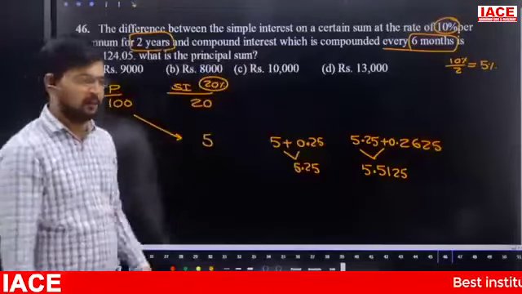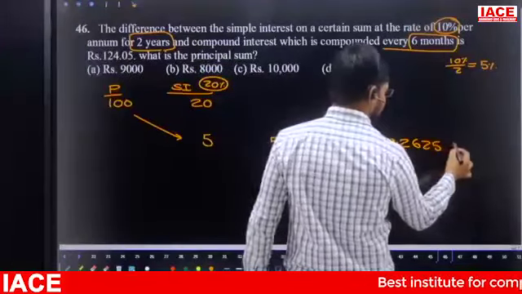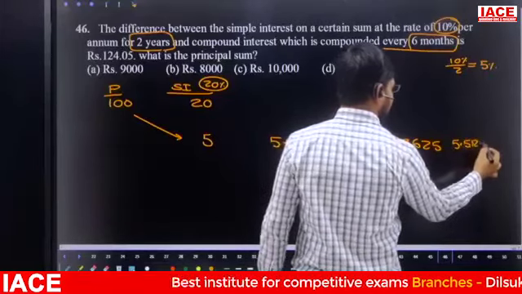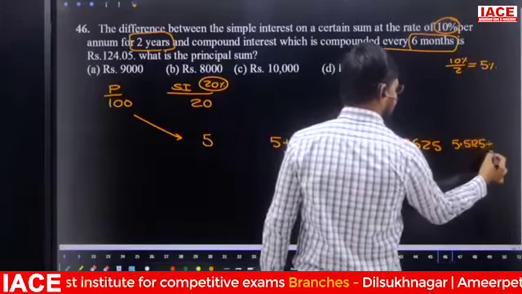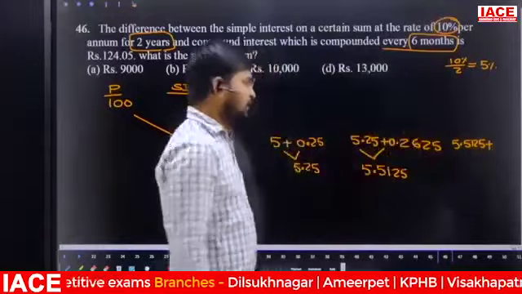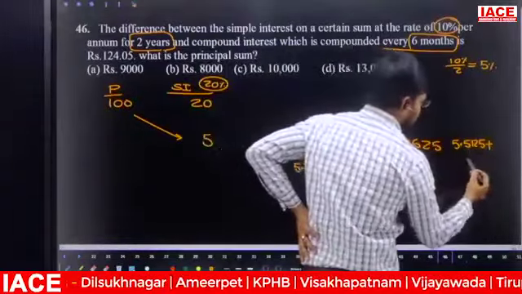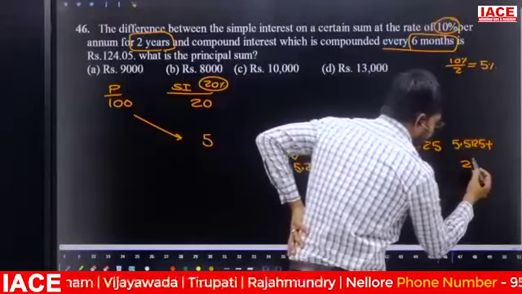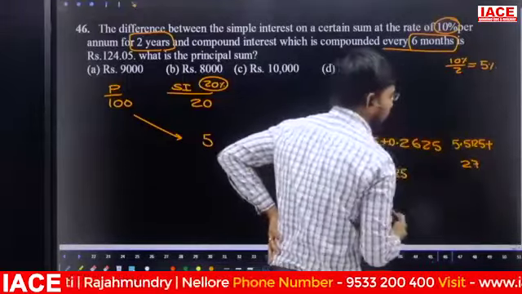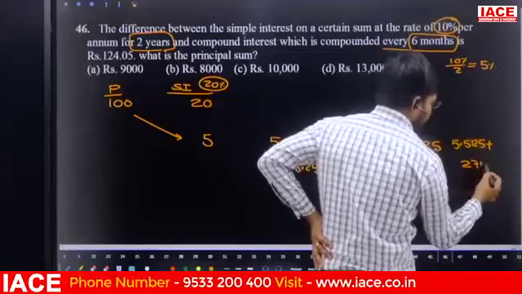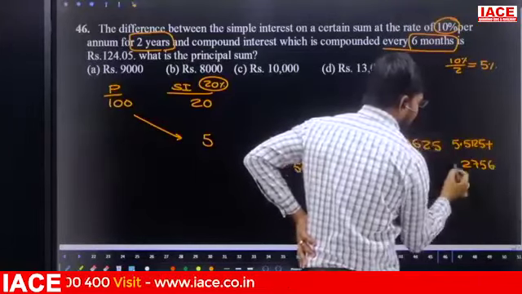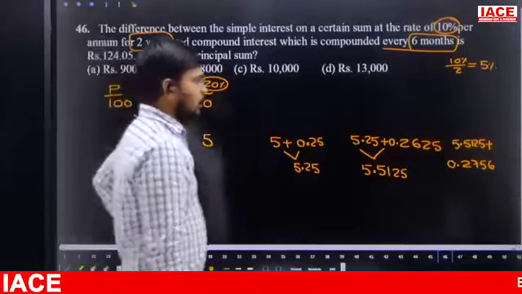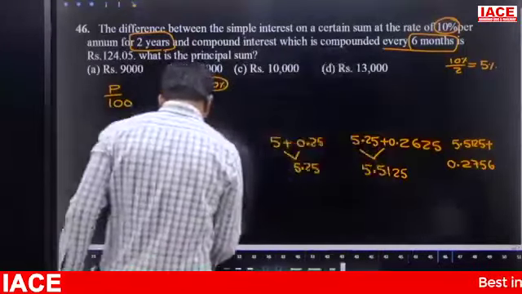So the fourth half year is 5.5125 plus 5% of this one. Just cancel with 2. That comes to 0.2756 something.